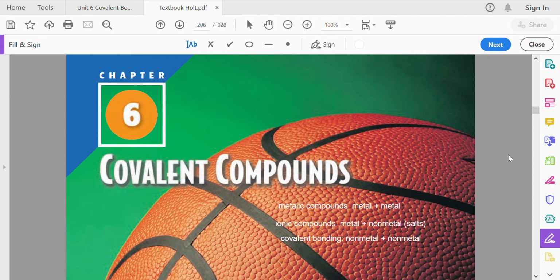And metallic materials tend to be very hard, and you can bend them, you can flatten them out really thin. The terms that we use are ductile and malleable. The next one we talked about was ionic compounds, and as we talked about in chapter 5, it's a metal with a non-metal. The metals are on the left side of the stair step, and the non-metals are on the right side of the stair step.